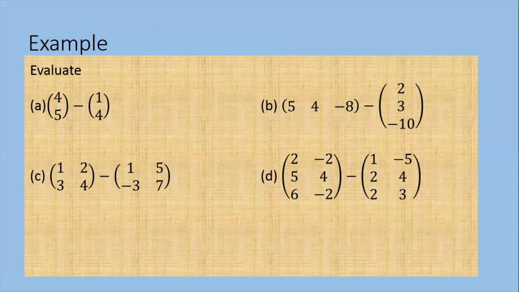Part C, 1, 2, 3, 4 minus 1, 5 minus 3, 7. Part D, 2 minus 2, 5, 4, 6 minus 2 minus 1 minus 5, 2, 4, 2, 3.